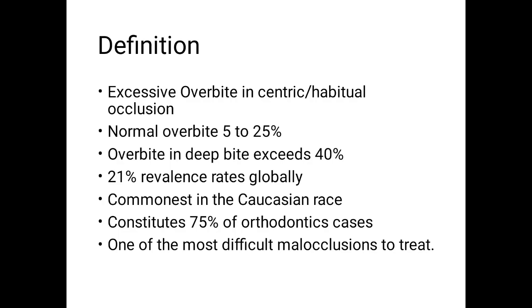Now this relationship may be atraumatic or traumatic. In traumatic cases, we have the mandibular incisors contacting the soft tissues of the maxilla at different points. But with the atraumatic ones, we have that excessive overlap, but there is no trauma to the soft tissues. Okay, we shall get into that later.